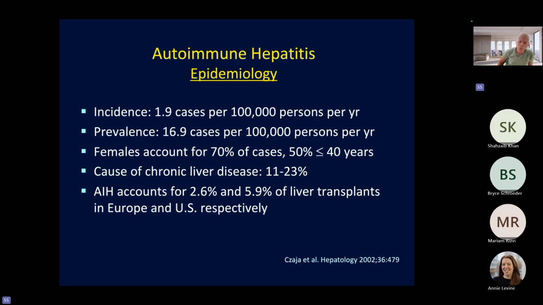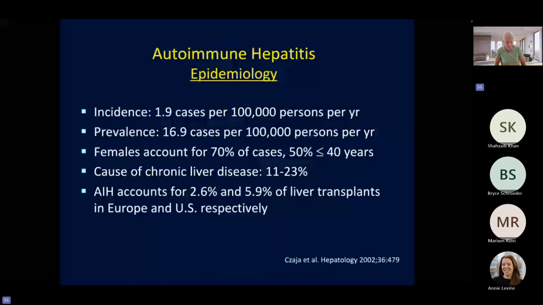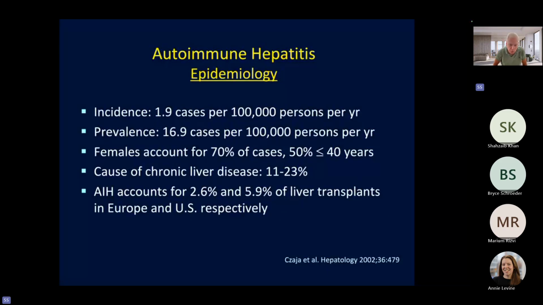And again, I would probably exclude the overlap syndrome because I think that's a more equal gender distribution. 50% are less than 40 years of age. As a cause of chronic liver disease, it's up to 1/4 of patients, and it accounts for somewhere between 3 and 6% of liver transplants in Europe and the United States.